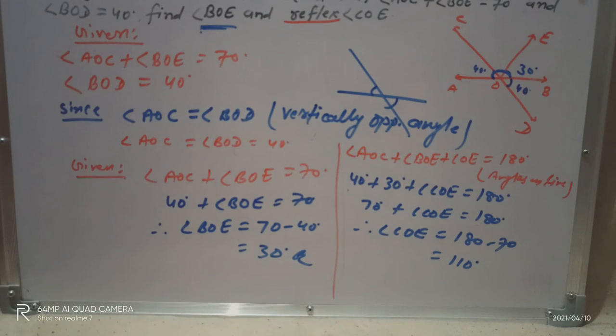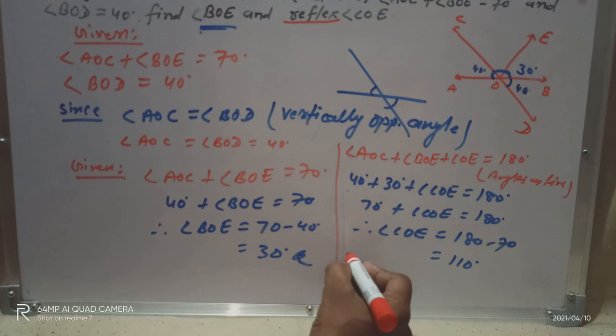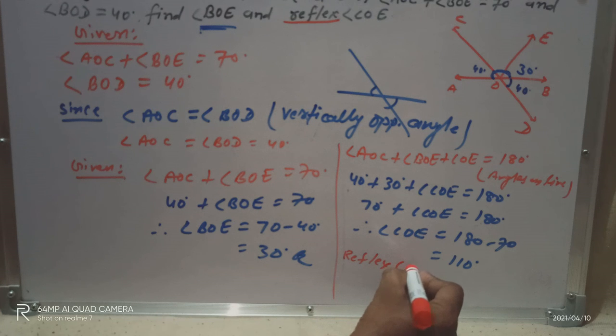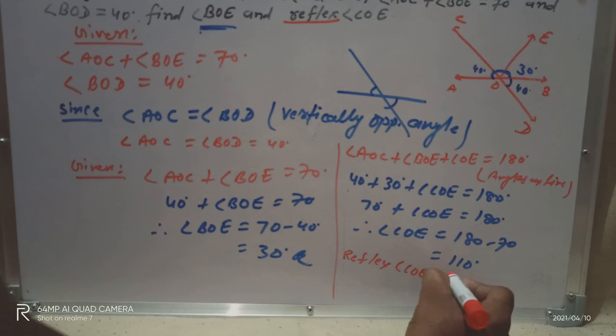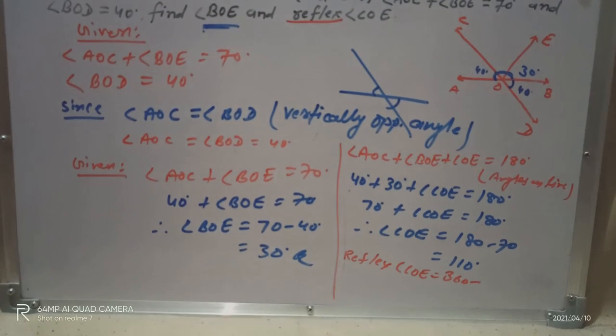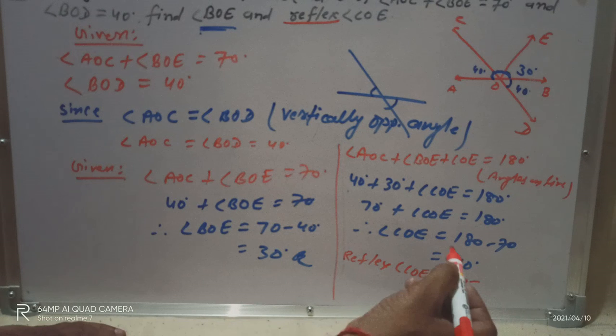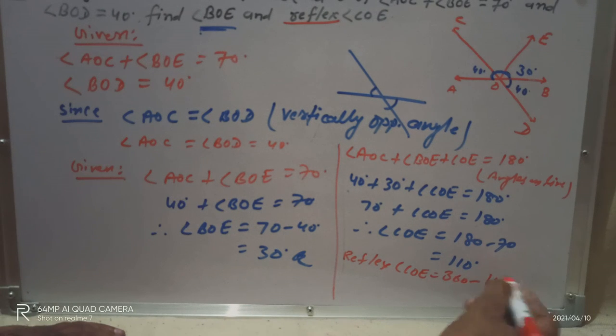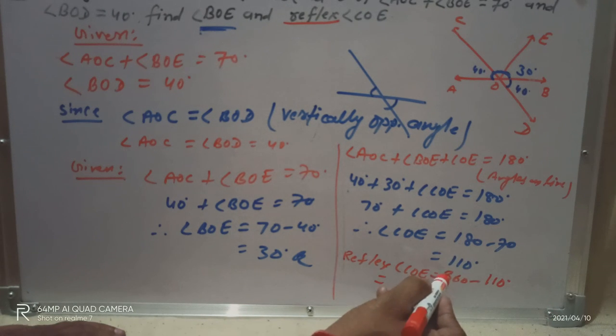A reflex angle is an angle whose measure is more than 180 degrees but less than 360 degrees. So reflex angle COE will be 360 degrees minus angle COE, which we found to be 110 degrees. 360 minus 110 is 250 degrees.